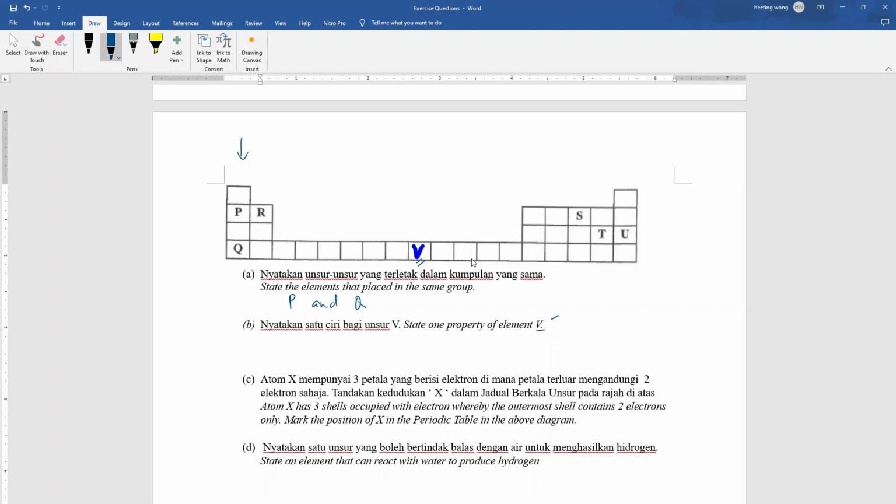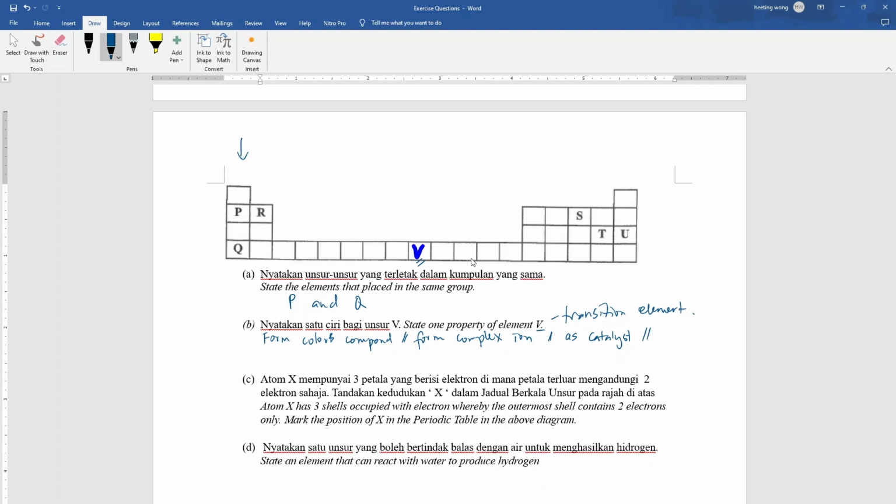It can form coloured compounds, or it can form complex ions, or it can act as a catalyst, or it can form compounds with different oxidation numbers. So any one of these examples.